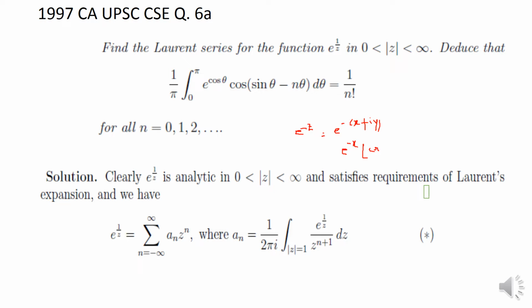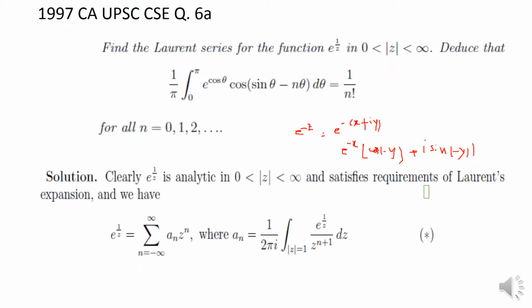minus y and plus i sin minus y. So we can write cos minus y is cos y and sin minus y is minus sin y.